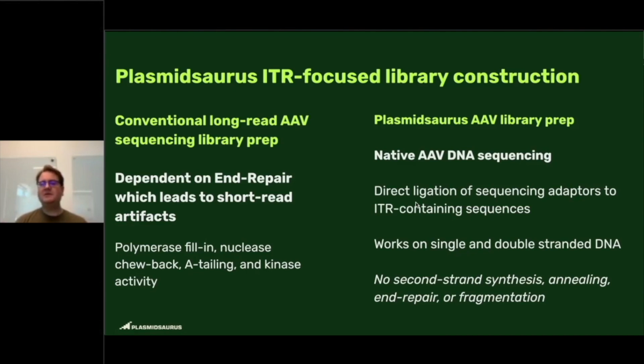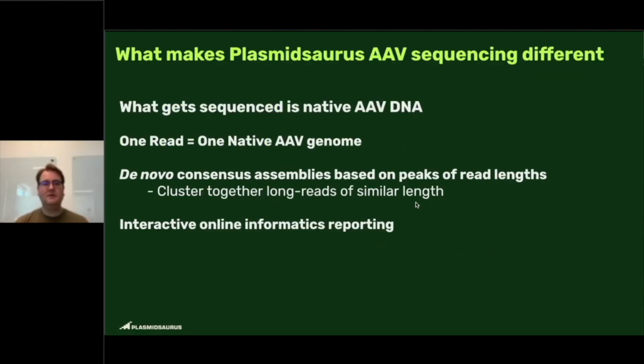And the way we do this is by direct ligation of our sequencing adapters to ITR-containing sequences. This works on both single and double-stranded DNA, and most importantly, no second-strand synthesis, annealing, end repair, or fragmentation is involved. So what gets sequenced is native AAV DNA. One read is one native AAV genome.